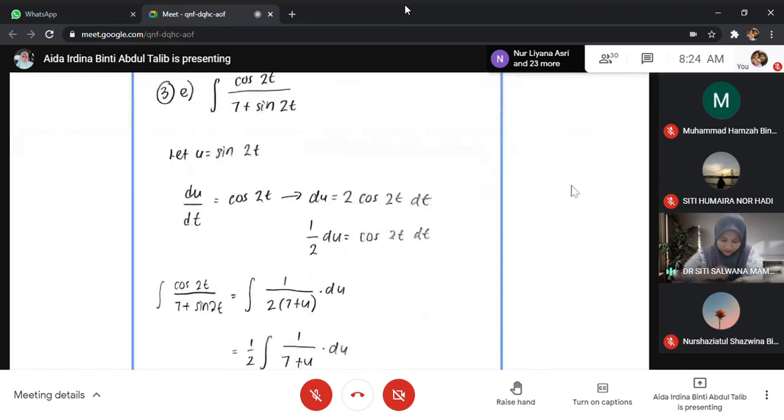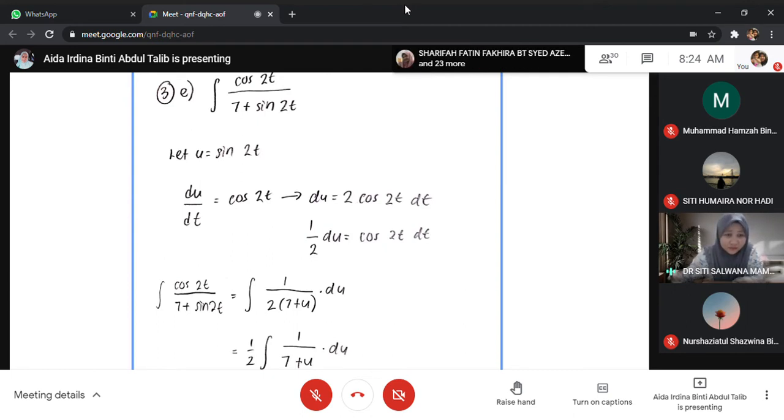Actually, what Syaziatul did here is the correct working, but she did two substitutions. In the first part you take sin 2t as your u, and again after that you make 7 plus u the second substitution.